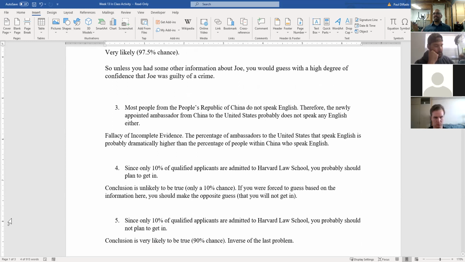The person is reaching the correct conclusion based on the statistical evidence available to them. I just wanted to notice that even though the percentage is only 10%, there's therefore a 90% chance that it won't happen. So that's why we're saying it's still above a 90% chance of being true, even though the listed statistic is 10%. We're taking the inverse of that. That's why we're still saying there's a 90% chance that the person will not get in.